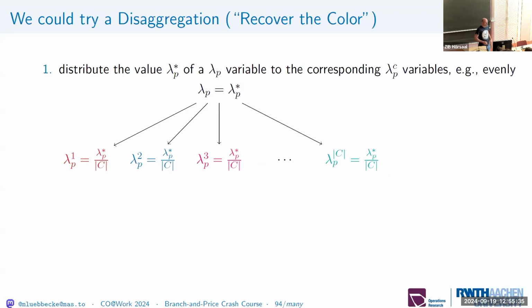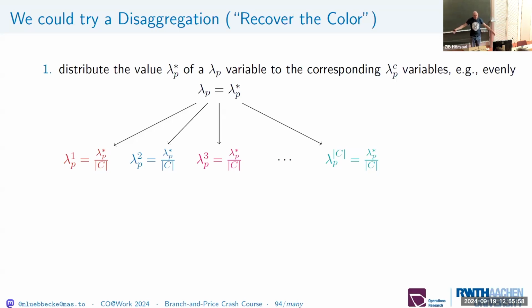So what we could do is we could take the stable sets. They all have a certain value in my LP relaxation. And I could try to, let's say, create variables for all the stable sets again in the different colors. What values would I give? Maybe I take the value of a stable set and just evenly distribute it among all the colorful stable sets.